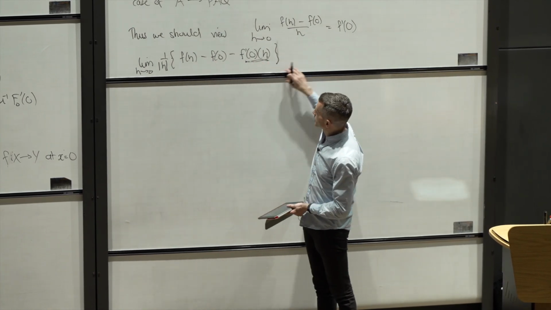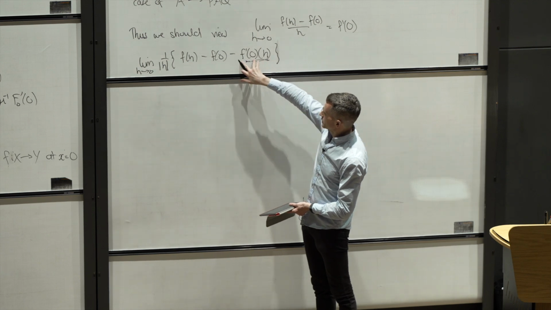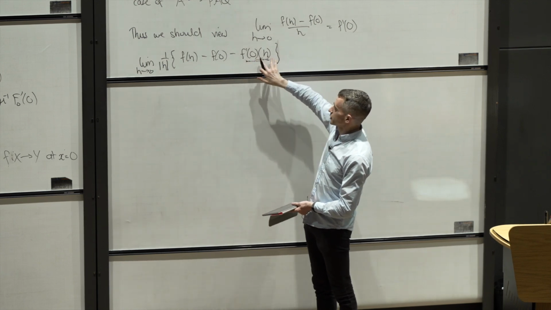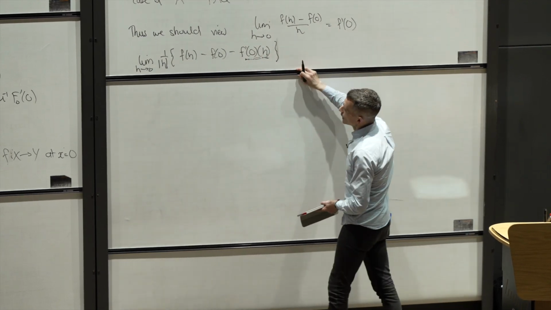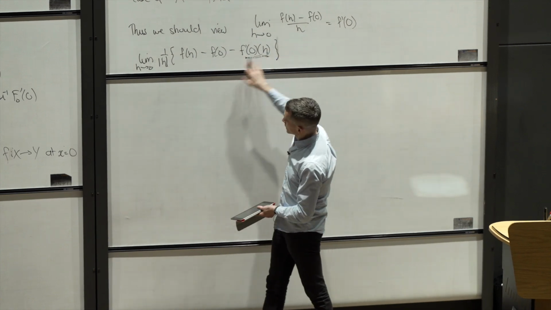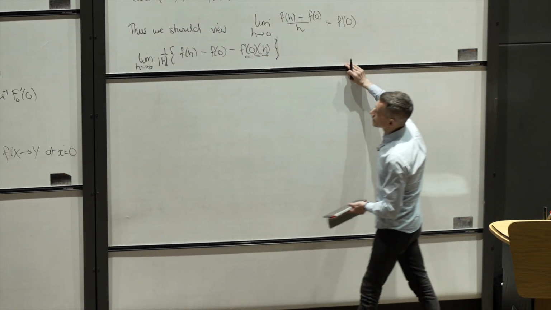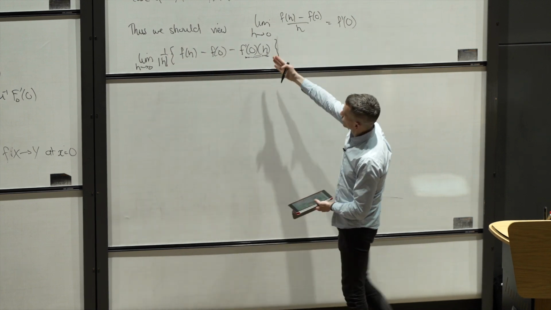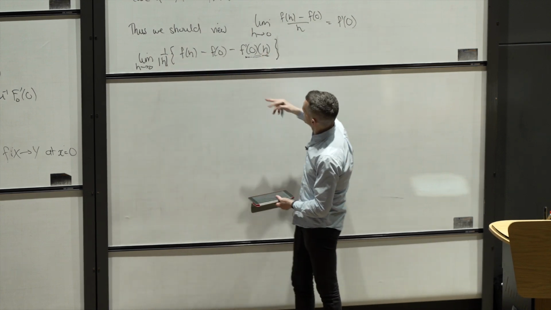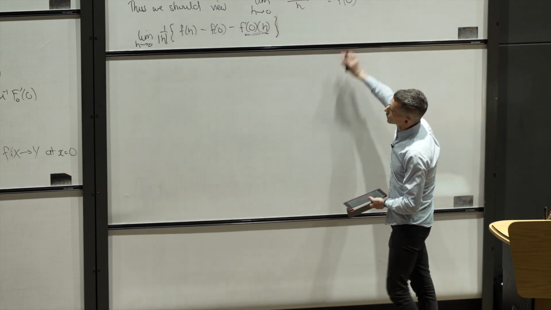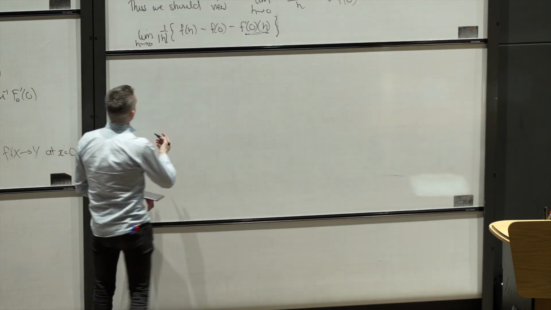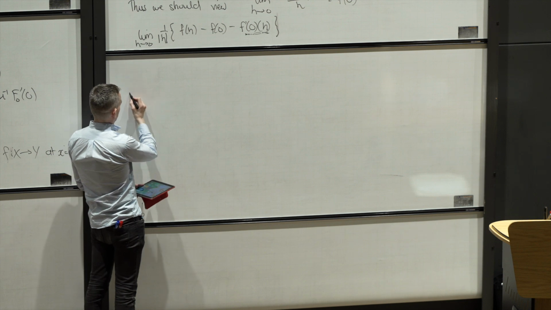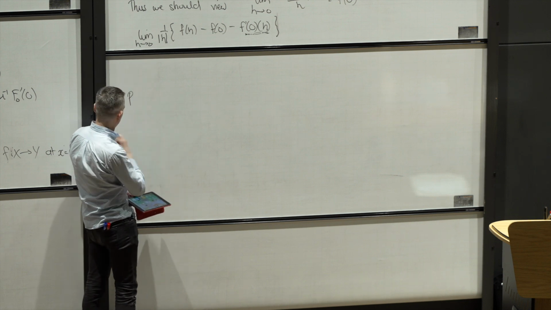This thing is going to have to lie in y also, which tells you that this thing should be some kind of function from x to y. And then we want this difference to go to 0 after we scale it by something which should be related to this vector h. Okay, so from this we get, I guess, proposal 1.